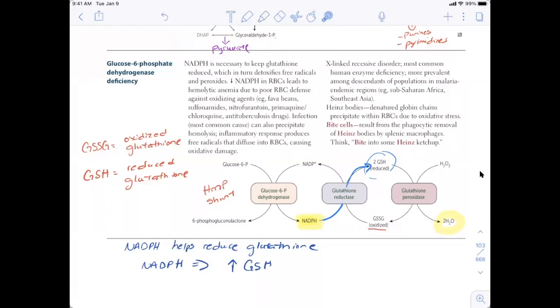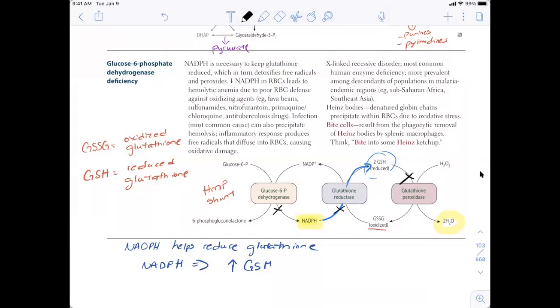When you have G6PD deficiency, it means that you cannot make NADPH. Okay, so that's the first thing that shuts down. And if you cannot make NADPH, guess what you cannot do? You cannot reduce glutathione. Okay, and if you cannot reduce glutathione, guess what you cannot do? You cannot neutralize anything. So what's going to accumulate?